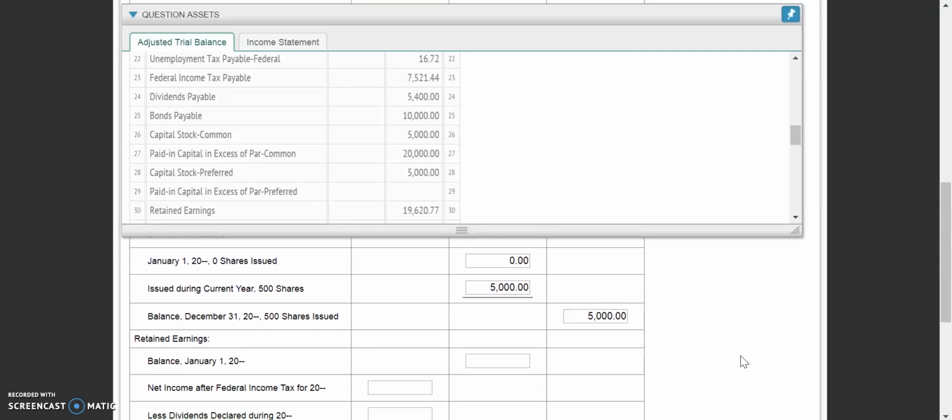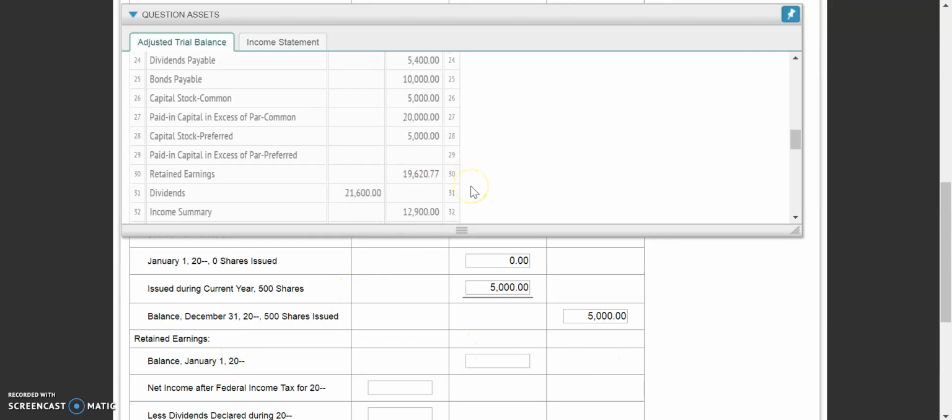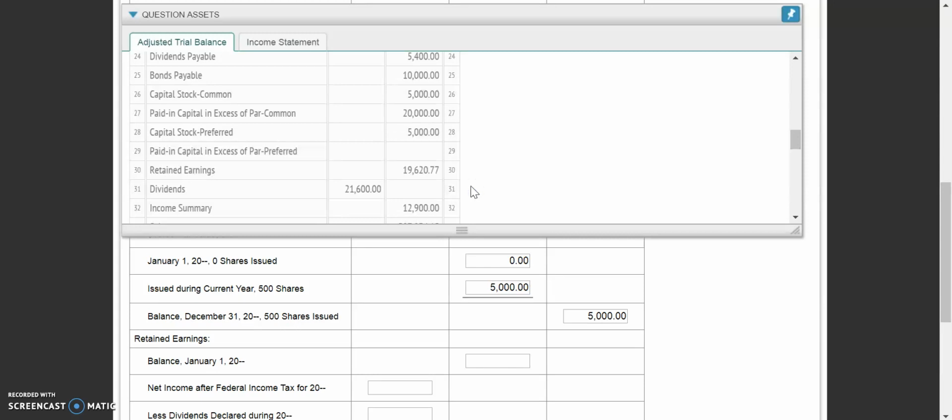Now we have our retained earnings balance. Our retained earnings balance right now has not been adjusted. It's kind of funny because we haven't messed with retained earnings at all up to this point. So when it asks for our balance as of January 1st, it would be the number shown here in our adjusted trial balance because we haven't done anything to this yet.